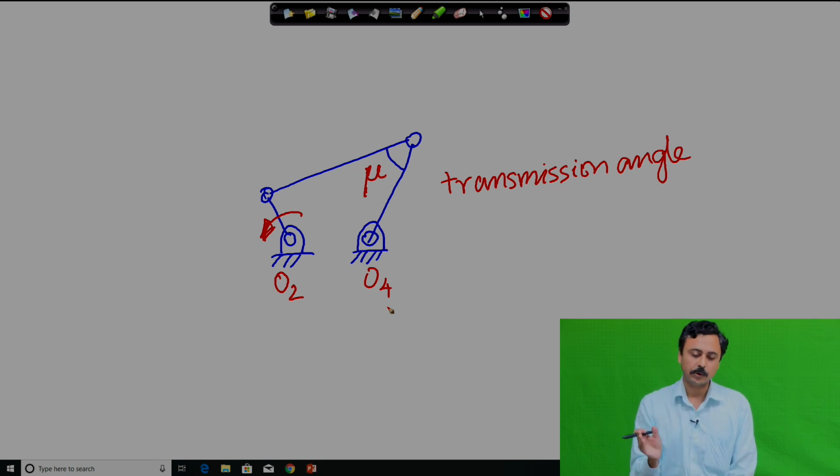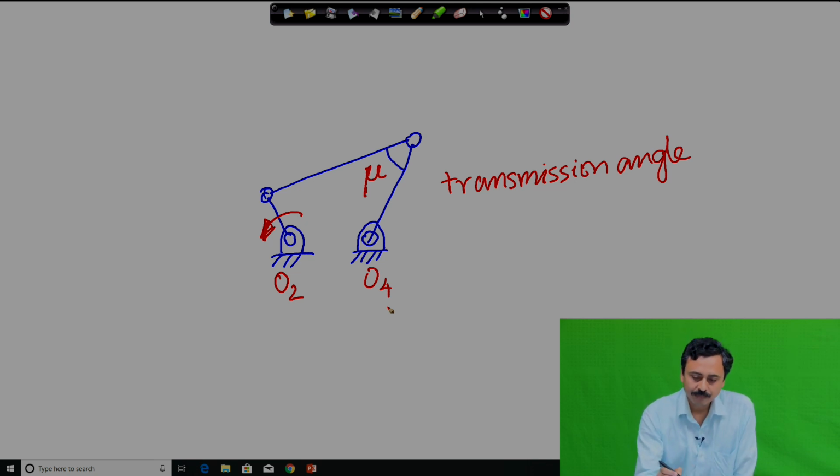So, it is driving the load at O4 and being driven at the revolute pair at O2. Now, what is the significance of this angle? Let us make the simplifying assumption that all the links are massless.